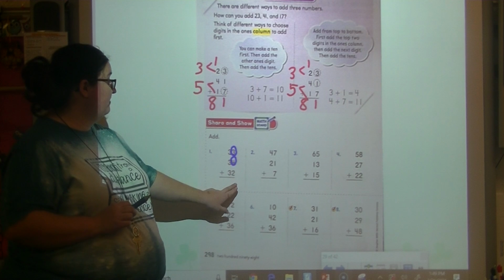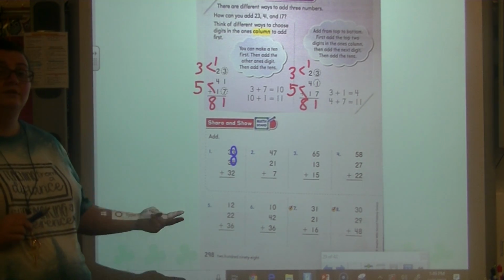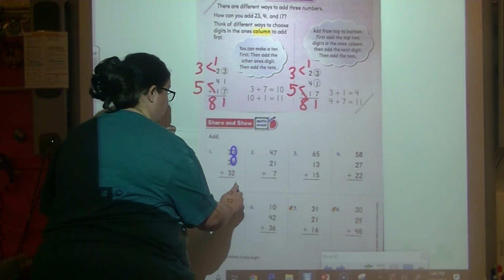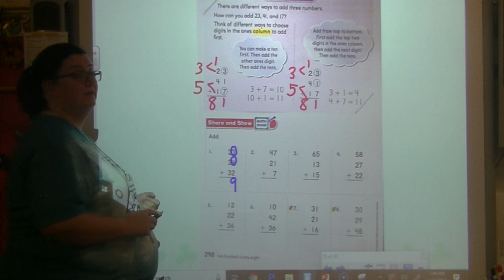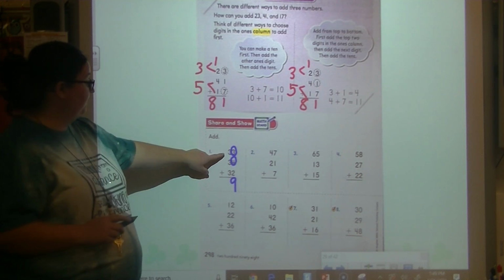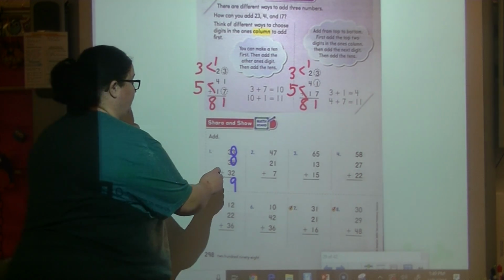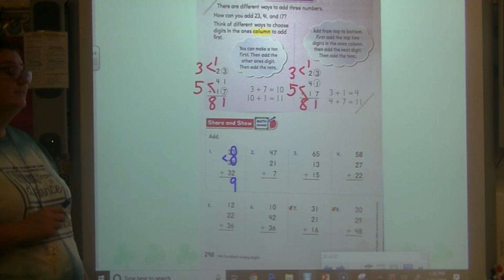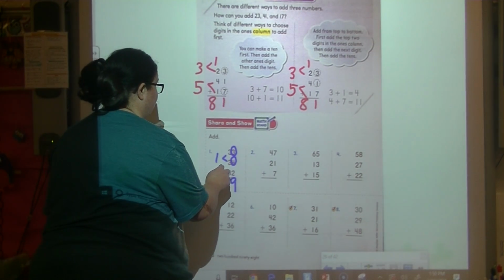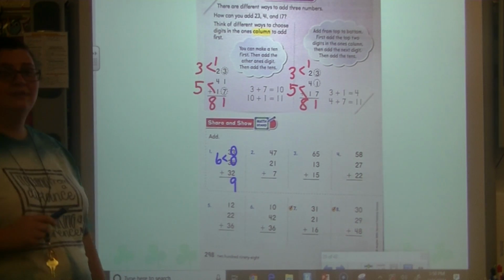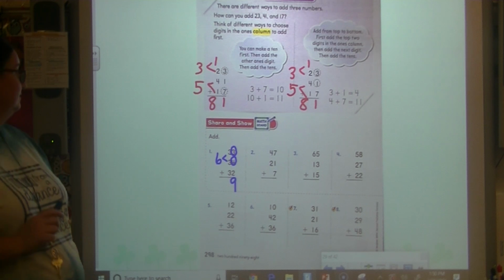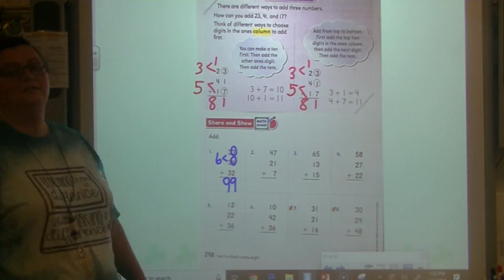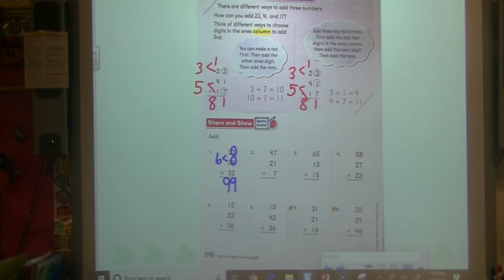Now what is 7 plus 2? 7, 8, 9. Now, on this side, 3 plus 3 is 6. It's a doubles fact. Now we have 6 plus 3. 9. What's our answer? 99.